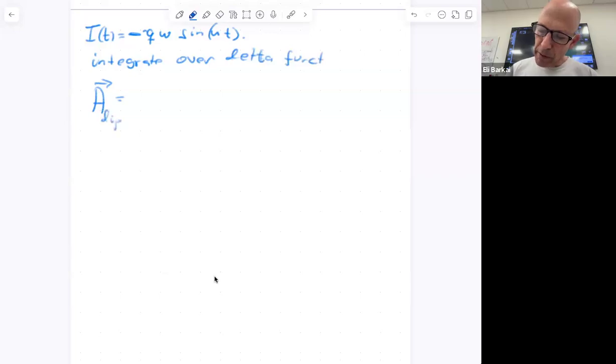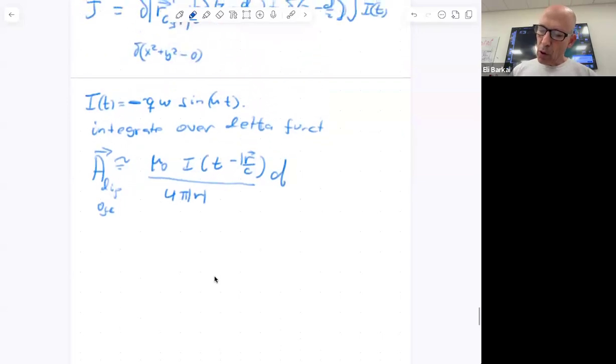So this is A in this dipole, oscillating dipole approximation is equal to Q0 I of t minus R over c. So this is the retarded time, 4 pi R times d. So I'm going to use this.